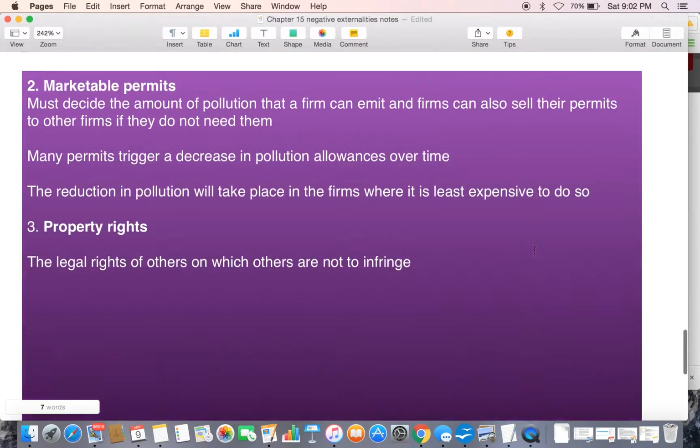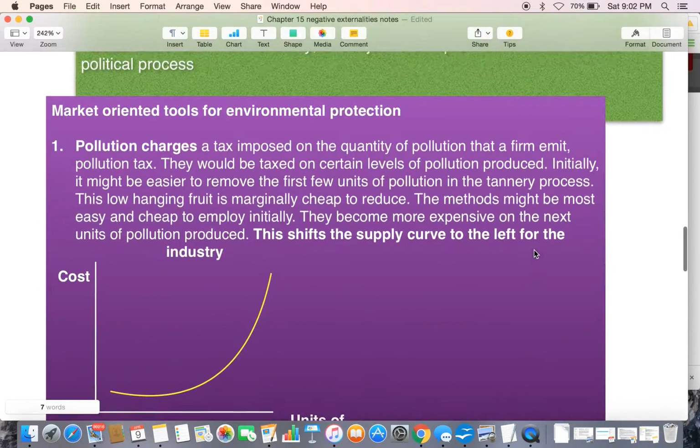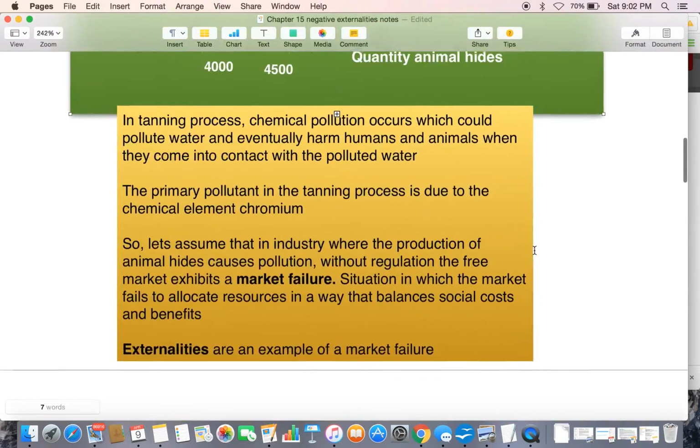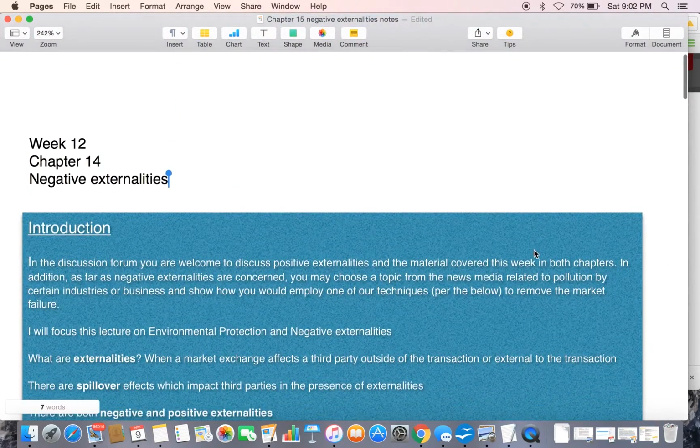protect the environment, and it is a more progressive way than previously looking at command and control. So I urge you to take a look at what you might see out there in the news. See if you find any articles about different businesses or industries that are polluting.